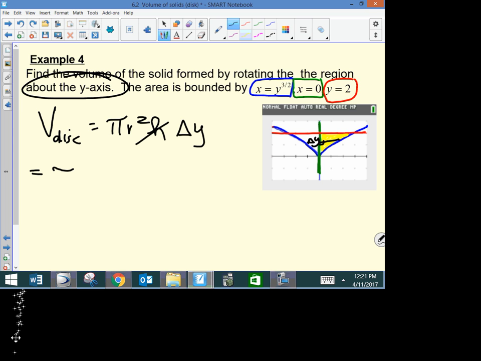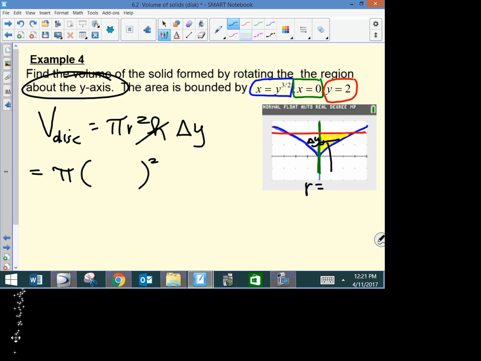So, what's my radius? This is what it looks like. It's in terms of y. Blue is on the right.